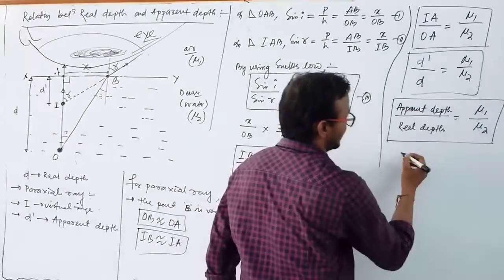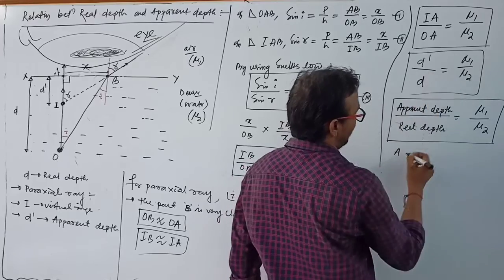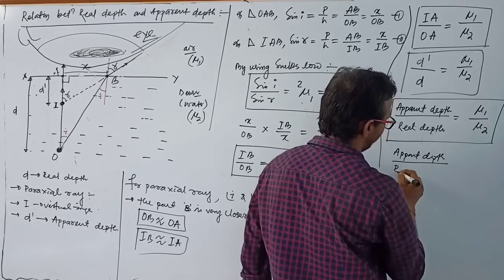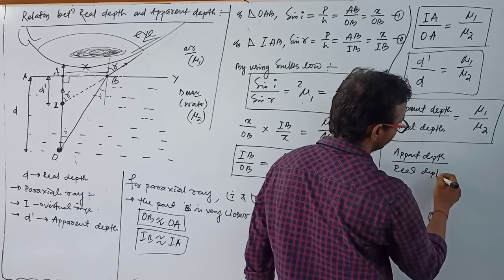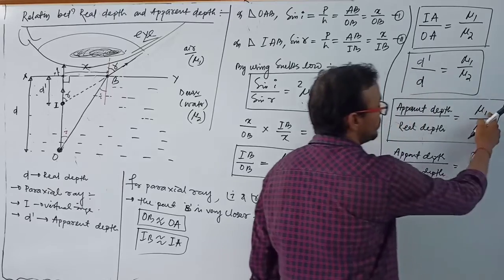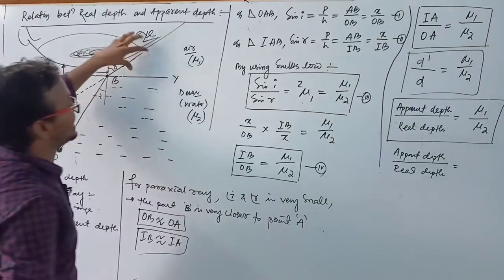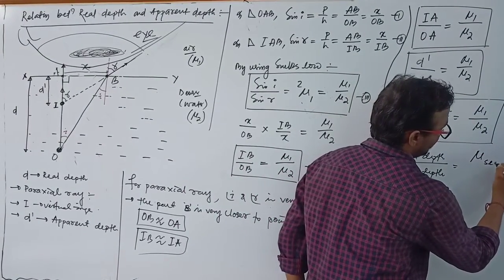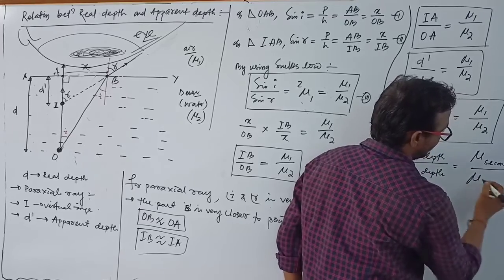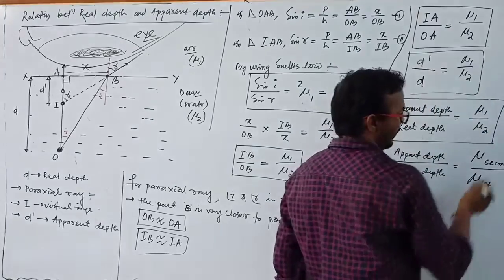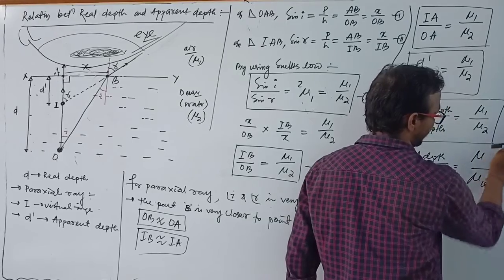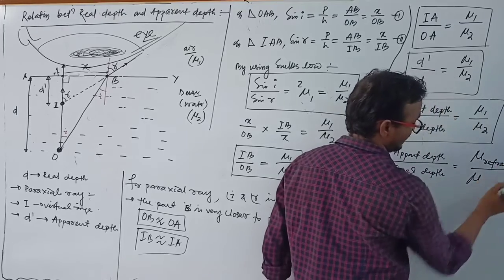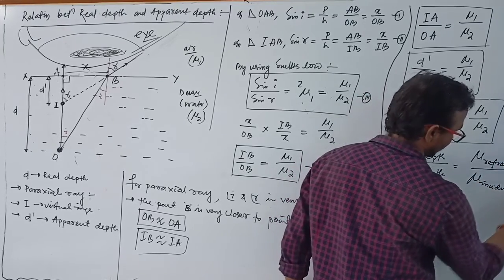Clear? Or you can use this expression: apparent depth divided by real depth equals, what is mu 1? Mu 1 means the refractive index of the medium where the refracted ray travels, the second medium, divided by the refractive index of the first, where the incident ray travels.